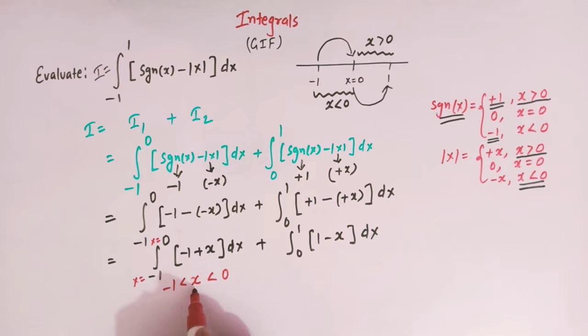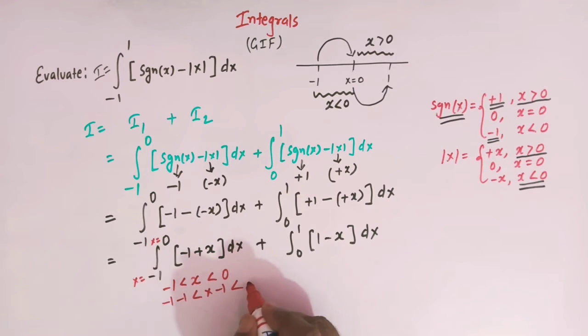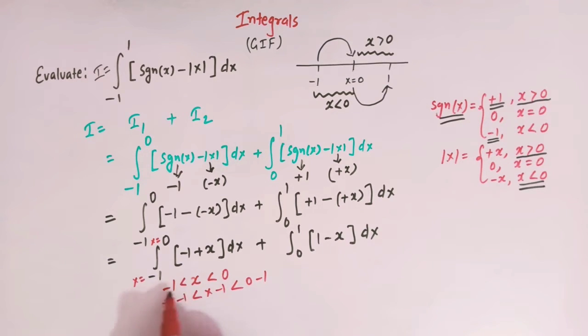So what we will do now, we'll add -1 throughout this inequality. So what we will get, -1 -1, here we have x -1, and then we have 0 minus 1. So we are adding -1 throughout this inequality.